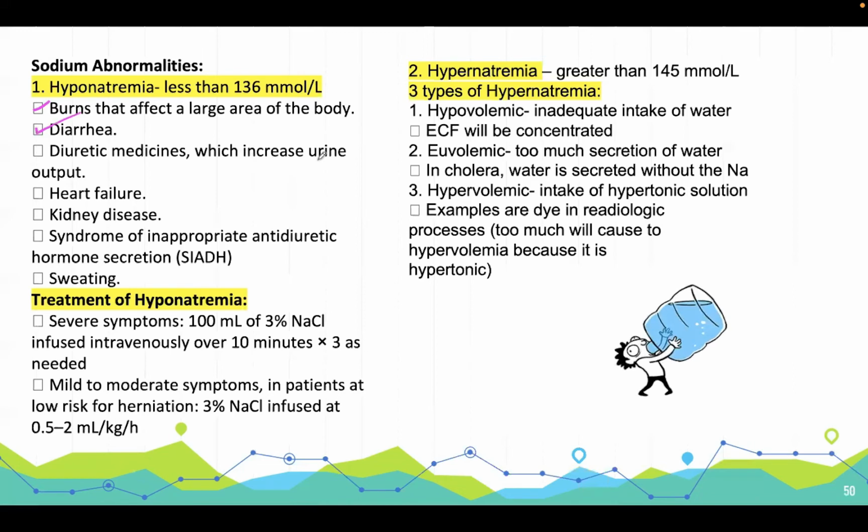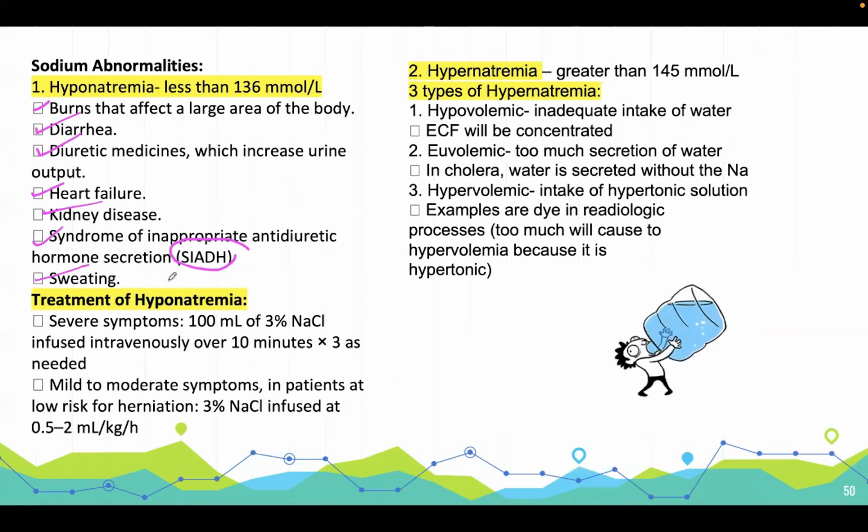Diuretic medicines which increase the urine output can affect yung hyponatremia. What else? Ang heart failure. Okay, kidney disease. And then syndrome of inappropriate antidiuretic hormone secretion. Pakitandaan po si SIADH. And then sweating. So these are the common factors that may contribute to the hyponatremia.